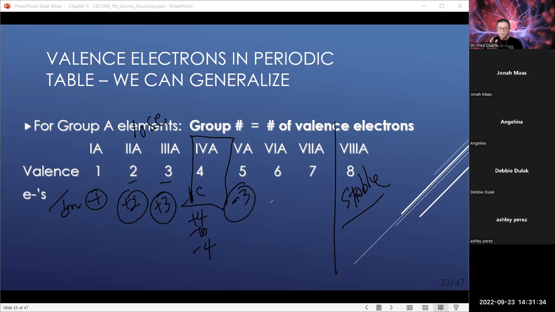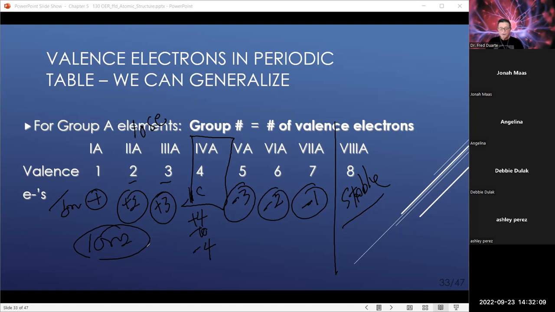Moving over to the next group, they're going to gain 2 electrons, and they're going to end up with a -2 charge, because 6 + 2 is 8, right? And so group 7, they're going to gain 1 electron. So everybody in that group will gain 1 electron to get that magical 8. And so those species with the charges are what we call ions. Ions are nothing more than the elements that, depending on the type of element, have either lost or gained electrons.